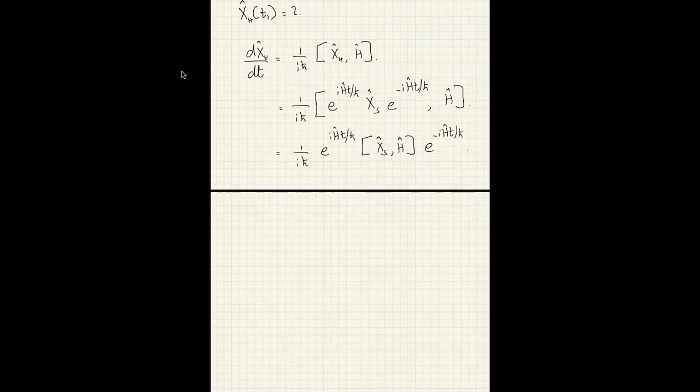Is this clear? Any questions about this? If you don't trust me on this, just expand the entire thing out and you'll find the exact same thing. So write this as e^(iHt/ħ) x_S e^(-iHt/ħ) times H minus H times the entire thing, and you'll find that this is the same as this, because H commutes with e^(iHt/ħ).